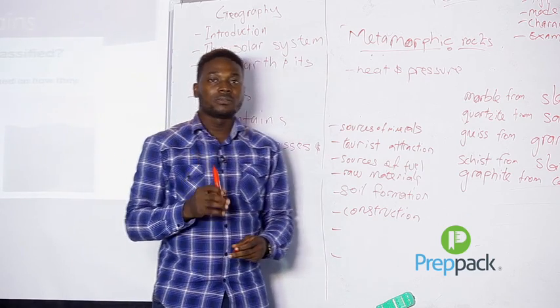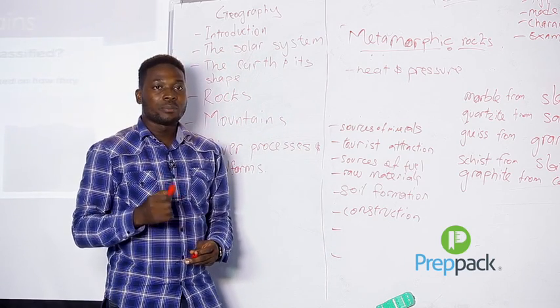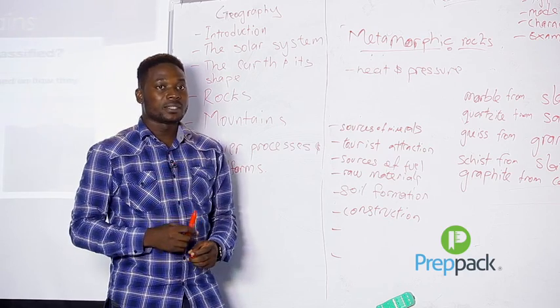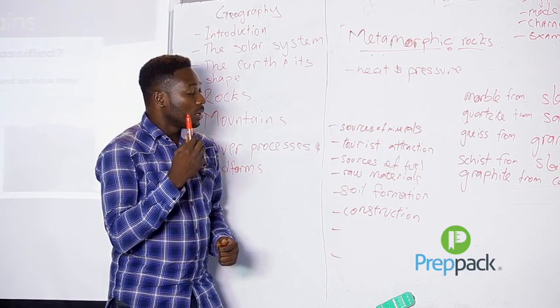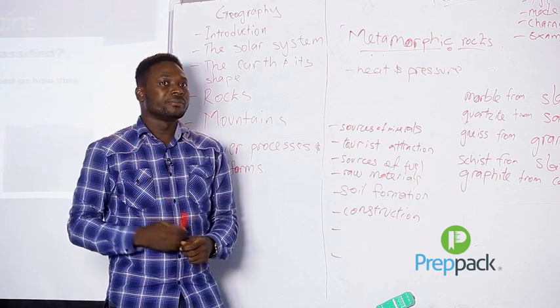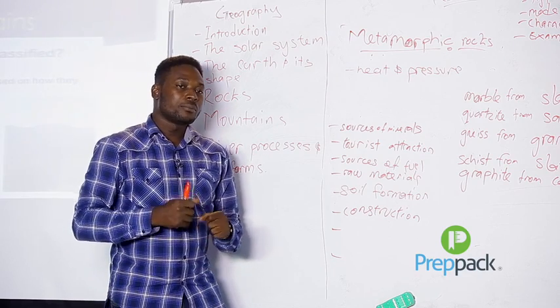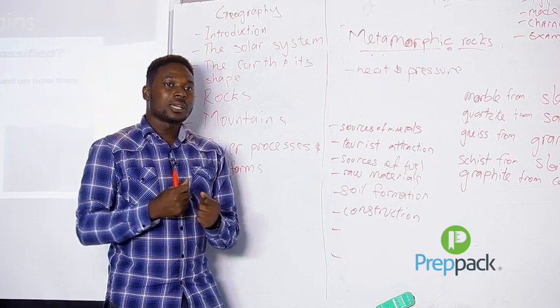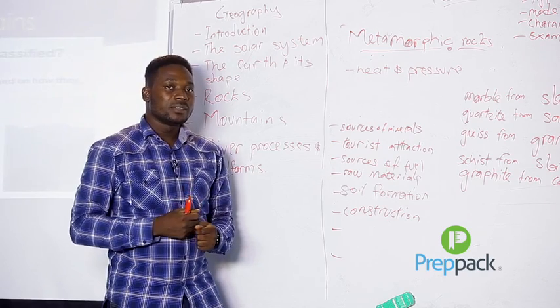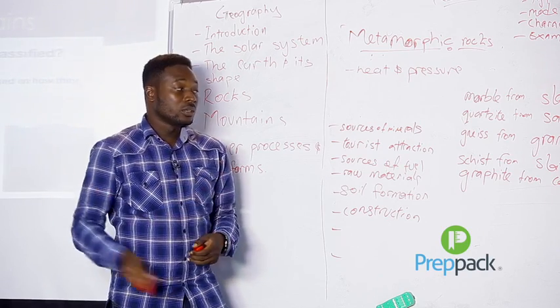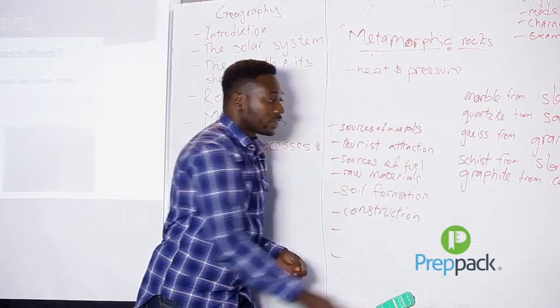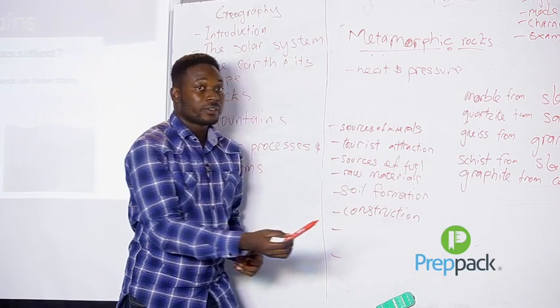Rocks are also sources of fuel. Coal and petroleum is a good example of this. Rocks aid in soil formation. When rocks are broken down to smaller bits and pieces, it helps in the development of soil formation. And we know the soil profile has different characteristics.